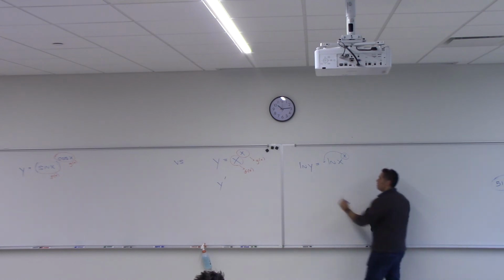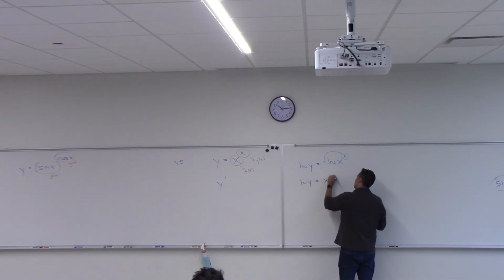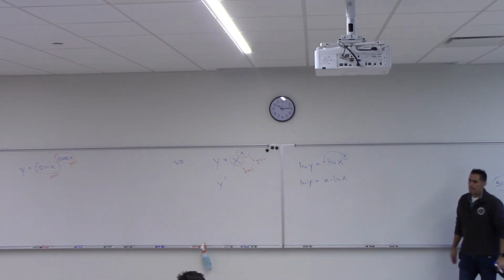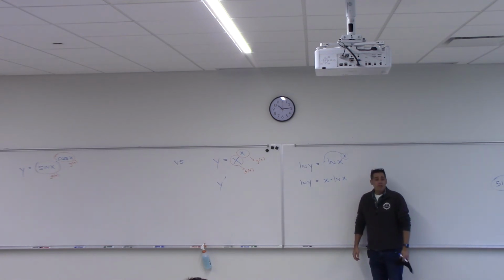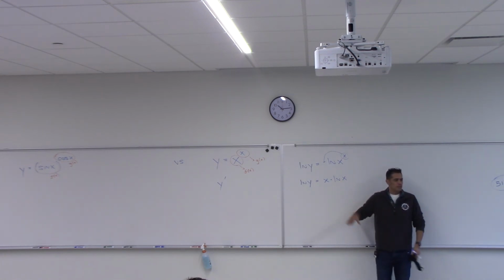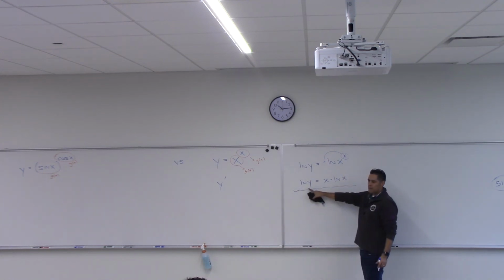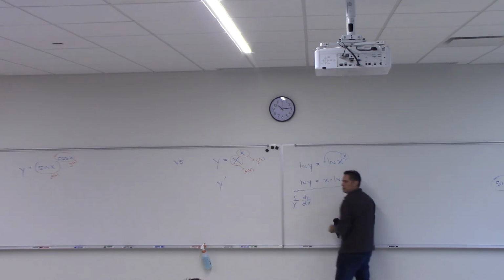So natural log y equals x times natural log x. And now I'm going to do my implicit differentiation. The derivative of the left side is 1 over y dy dx. We've done that now 3 times.